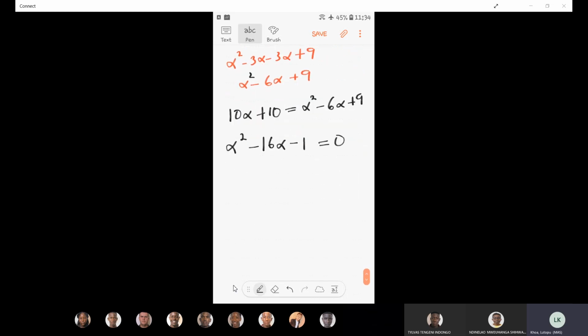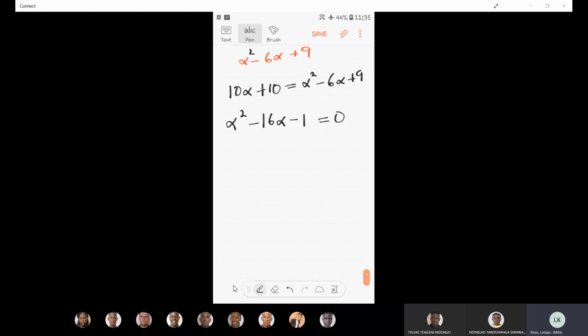Maybe let's practice completing the square. I hope you remember how to do that. So we have alpha squared minus 16 alpha. We say that this square is incomplete. We need to add something. That something, we take -16, we divide it by 2, and then we square it.